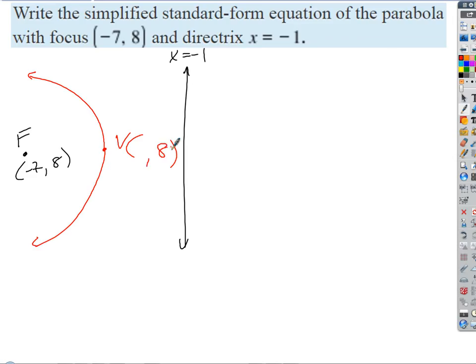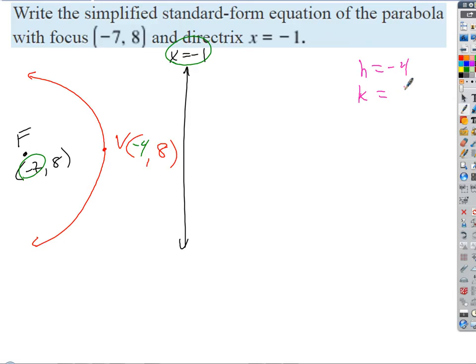So that's an 8, and now I've got to just average the x values of the directrix and the focus. So what's the average of -1 and -7? -4. Okay, so let's keep a list of what we know. H equals -4.